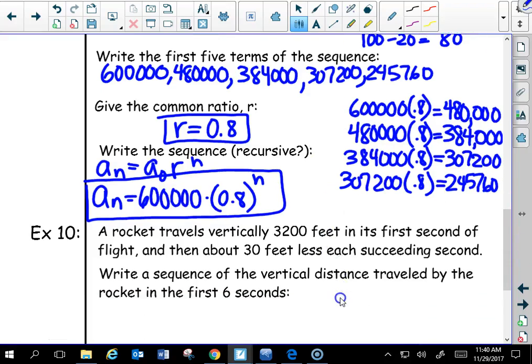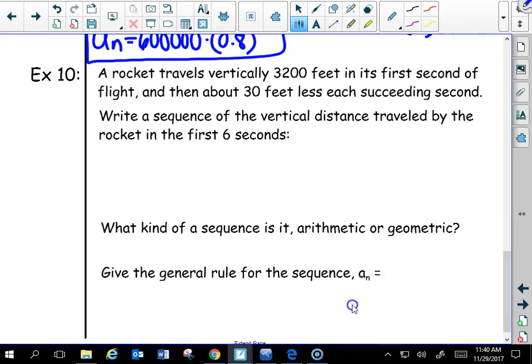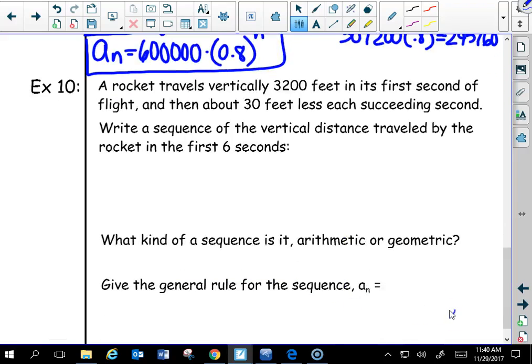Okay, I'm going to try to squeeze this last one in. A rocket travels vertically 3,200 feet in its first second of flight, and then about 30 feet less each succeeding second. Write a sequence of the vertical distance traveled by the rocket in the first 6 seconds. So here's the thing. It's going to travel 3,200 feet in the first second.